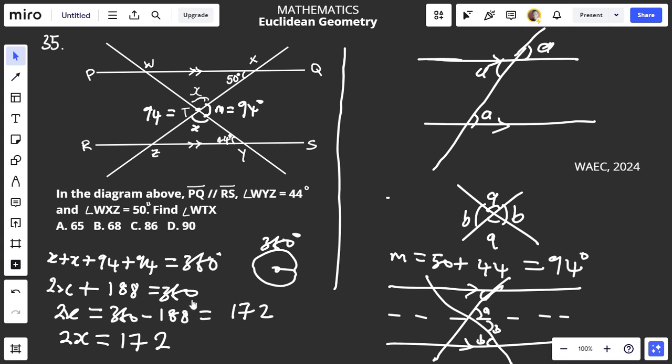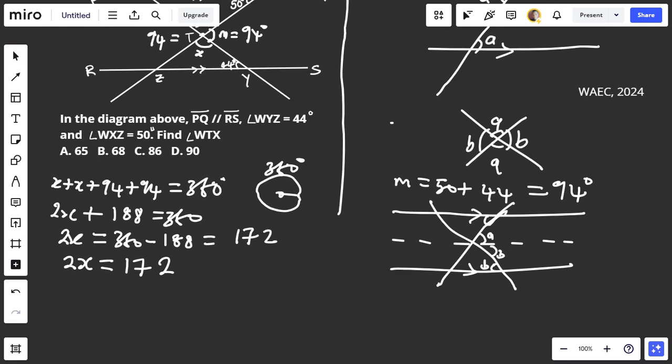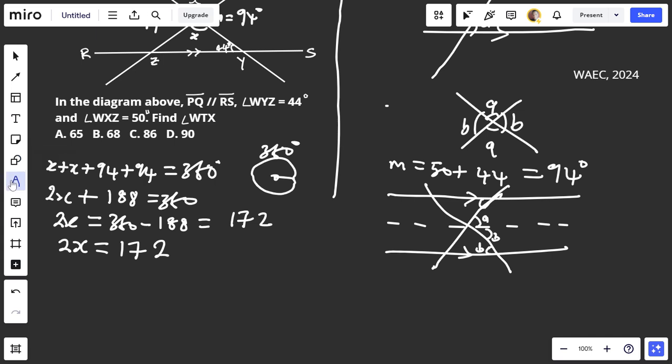So for us to make x the subject of the formula, we divide both sides by 2. So that x is standing alone, we cancel 2, divide, that will give you 86. 2 divide 17, 8 times, remainder 1, divide 12, 6. So 86 degrees. So our answer is C. Thank you.